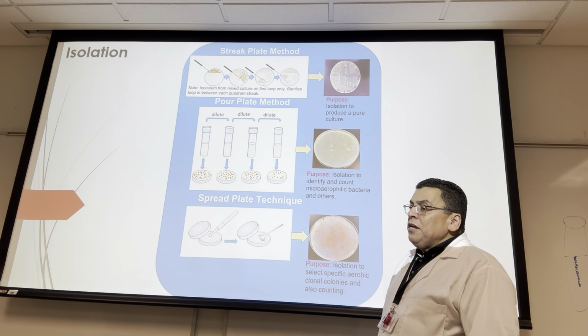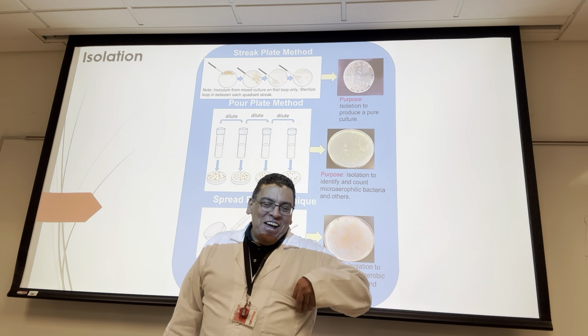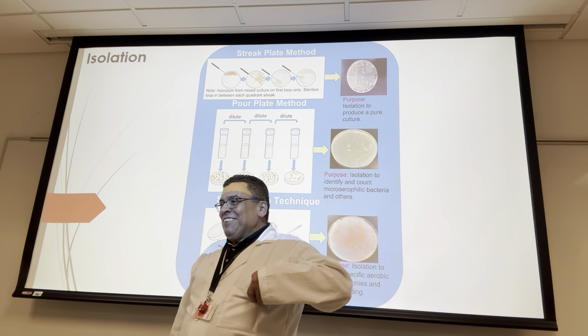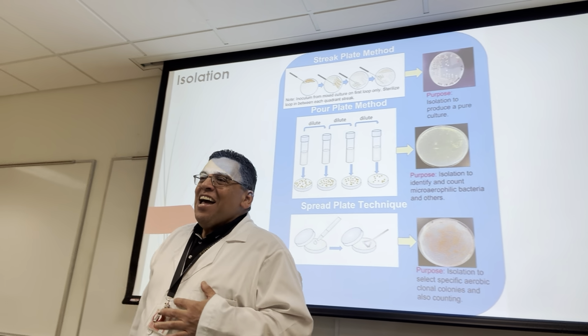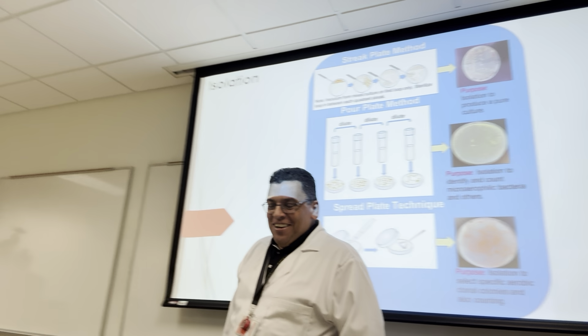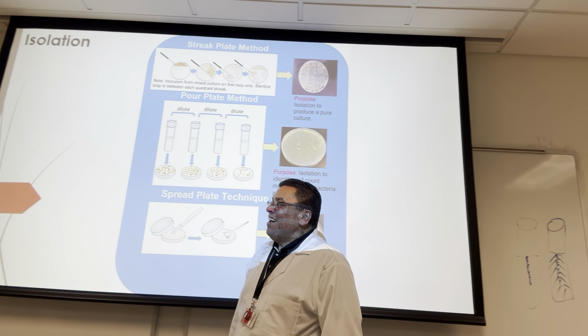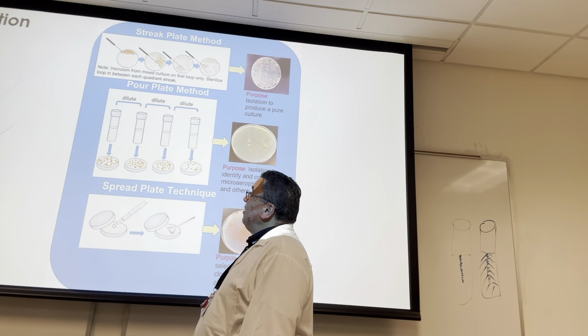Does anyone remember the other word for pure culture? Arsenic. No, not arsenic. Arsenic will kill you. Axenic. Yeah. Arsenic you want to stay away from. All right. Axenic. Very good.